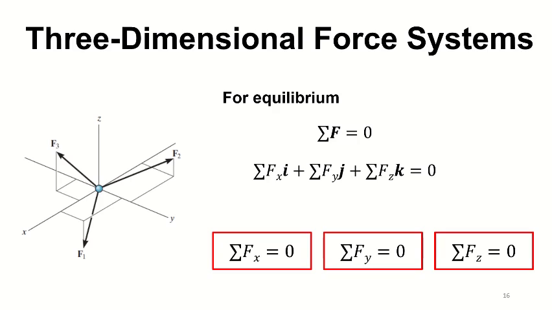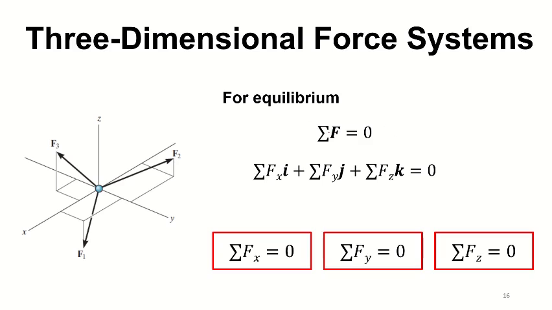The condition for the equilibrium doesn't change, it remains as original, which means that the vector summation of all the forces acting on the particle should be equal to 0. So sigma F, as in our first equation, should be equal to 0.